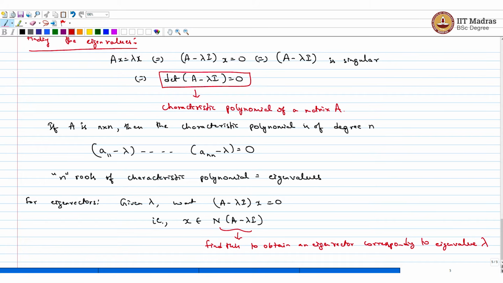That's really the scheme, and you can use Gaussian elimination to solve (A minus lambda I) x equals 0.